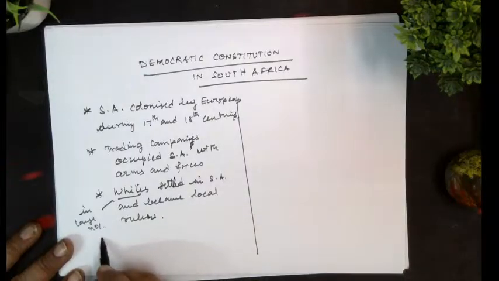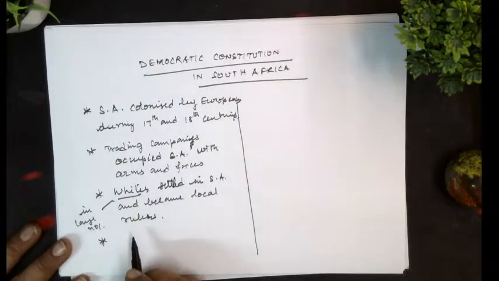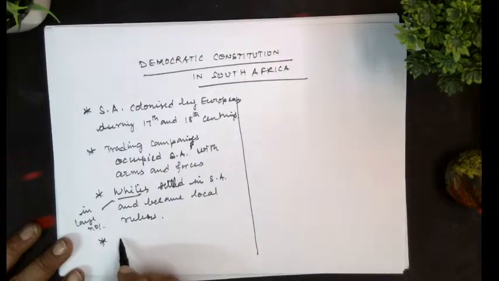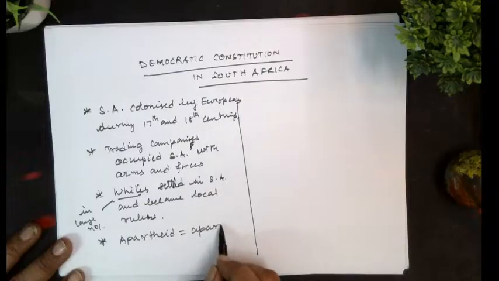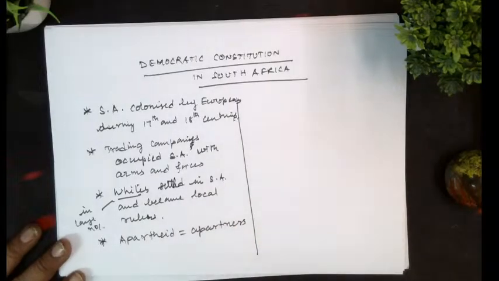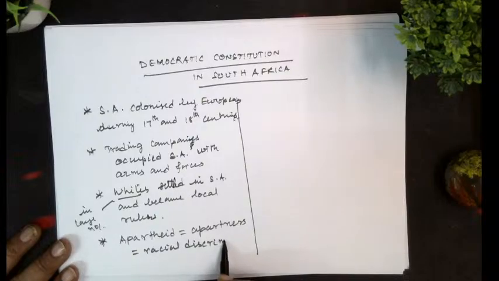The term apartheid actually means apartness. Apartness means separation, which means racial discrimination followed in South Africa.